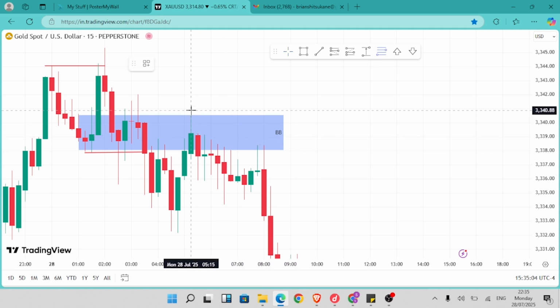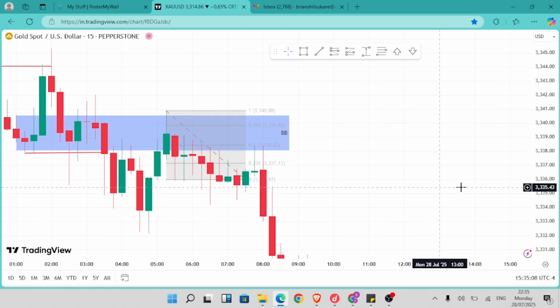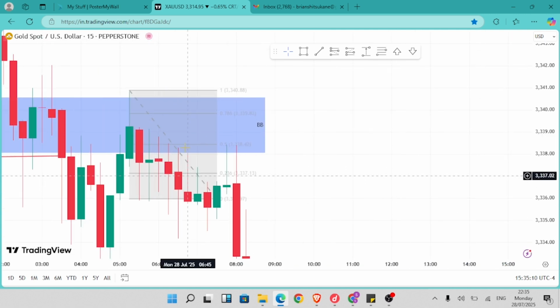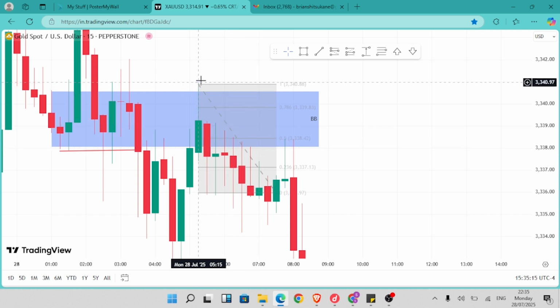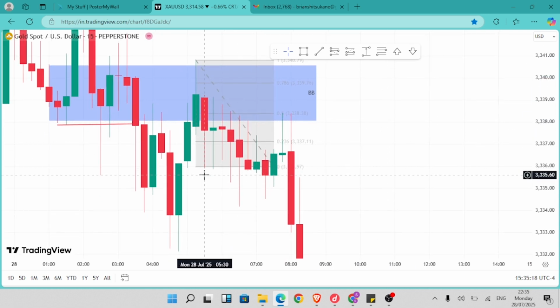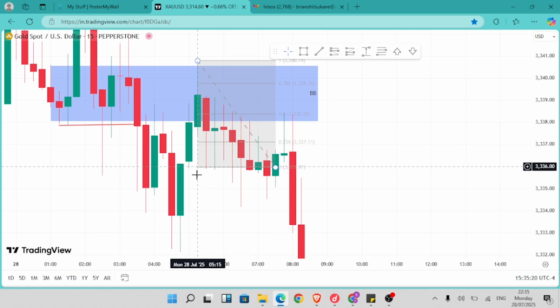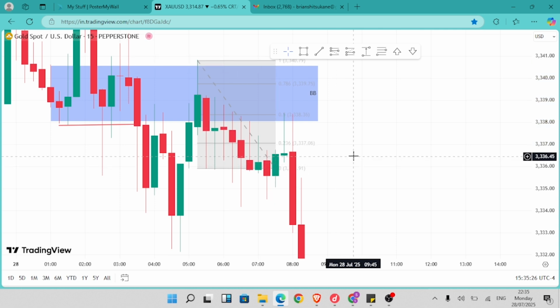So we want to consider the two candles that gave us that dealing range, that will give us this dealing range right there and somewhere here. We have to be as accurate as possible.